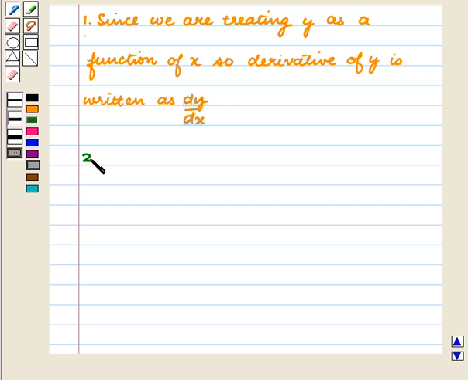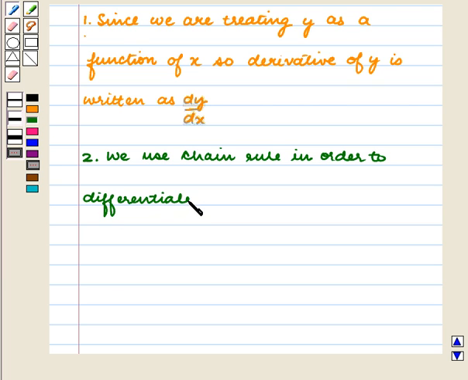The second thing which we have to keep in mind is we use chain rule in order to differentiate y with respect to x.